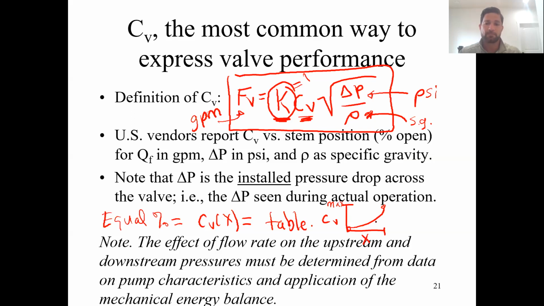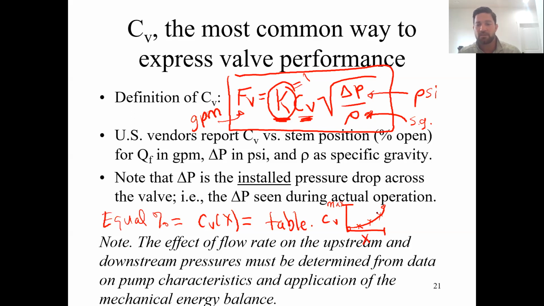that looks like this. Okay, and again, this shape right here is going to depend on how the valve body is defined, and this shape is going to be defined by the vendor. So we don't have a specific equation for this. We have to read this off a chart. If we're going to do something for design, you can always take information that comes from the vendor, set it up in a plot, and apply a curve to the plot.